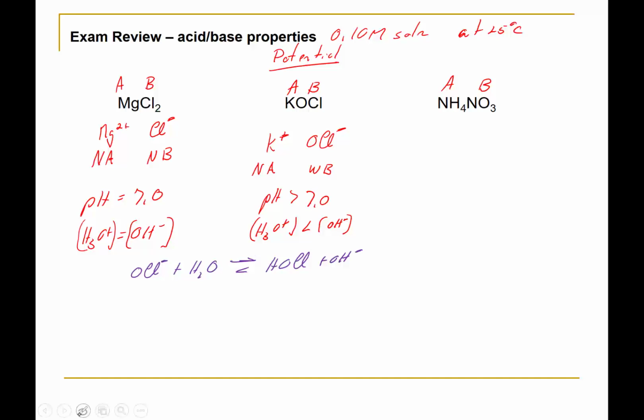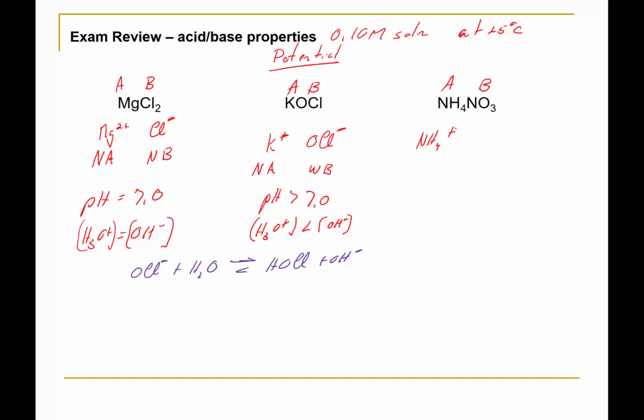So for the next example, we have the ammonium nitrate. So the ammonium ion. Now note, any cation has the potential to be an acid. If the cation is not an alkaline earth metal ion or an alkali metal ion, any other cation besides those would be considered to be a potential acid.